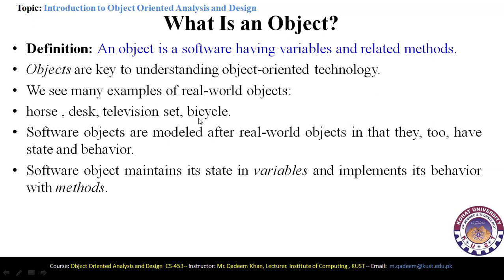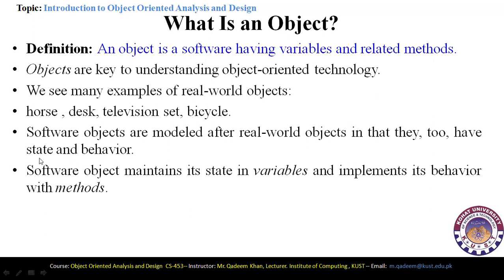And bicycle has certain related methods. For example, bicycle can run, bicycle can be stopped, bicycle can be repaired. These are the functions of the bicycle. Now, software objects are modeled after the real-world objects in the way that they have their state and the behavior.